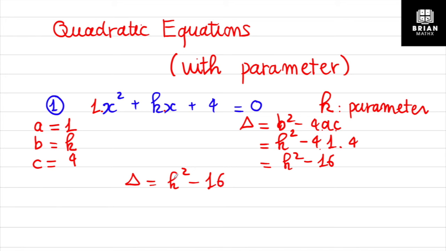This is an expression, like a quadratic expression. It's not a specific or particular number anymore. So this makes the equation a lot harder. The first step is to find the discriminant, and let's practice step 1 first.